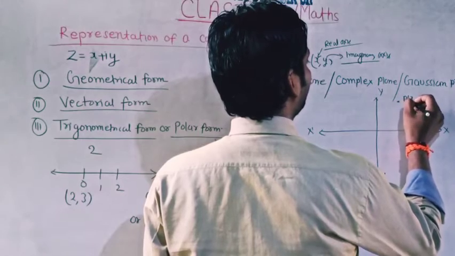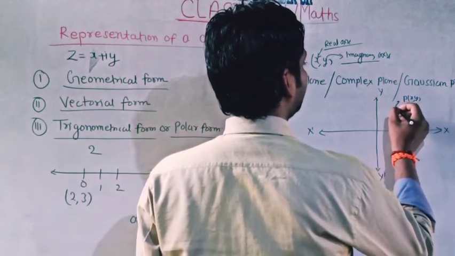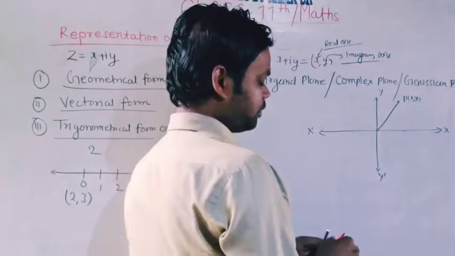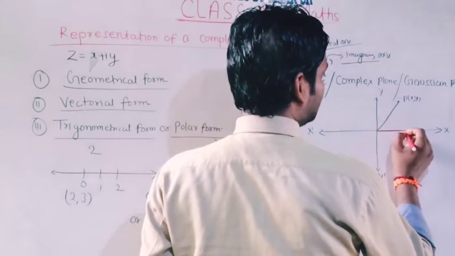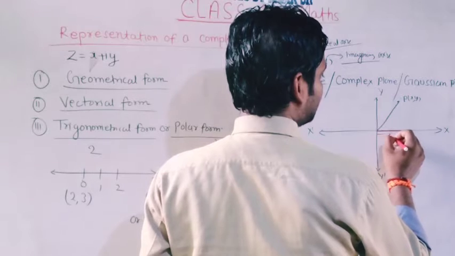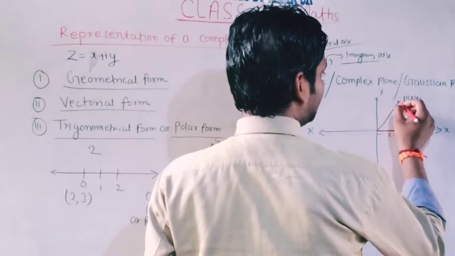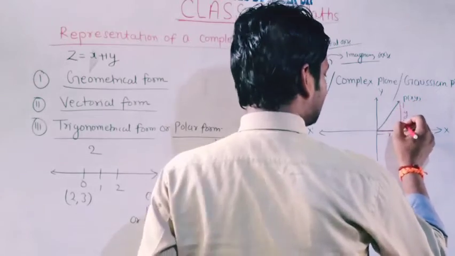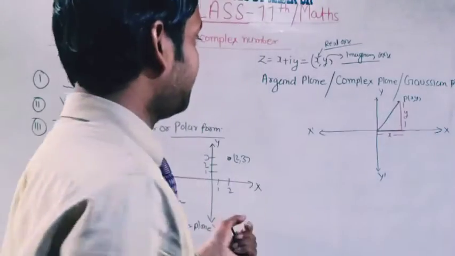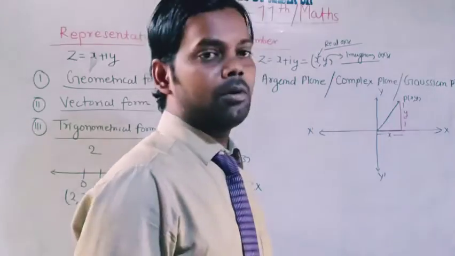This is a point P, x comma y. As we know, we move from the origin x units, and after that perpendicular y units. So this is the representation of the coordinate x comma y.